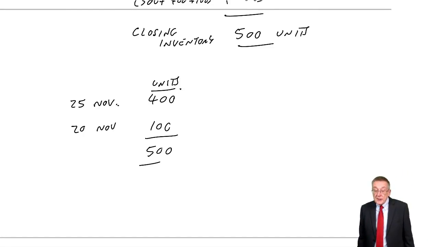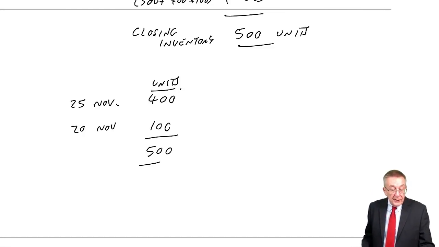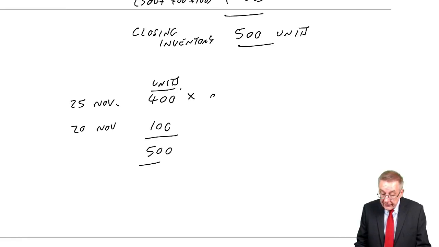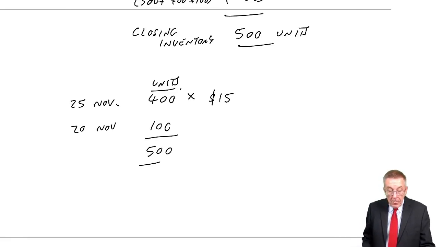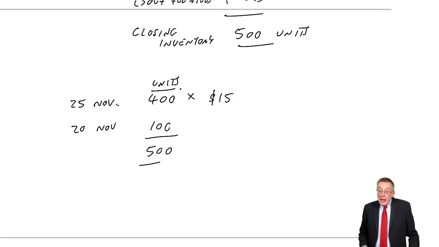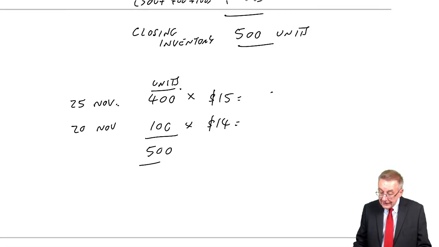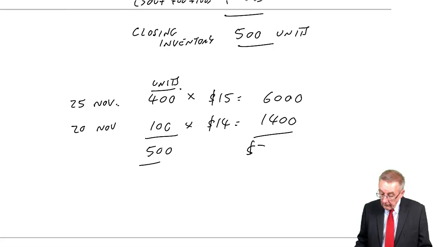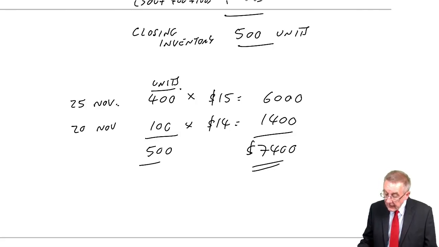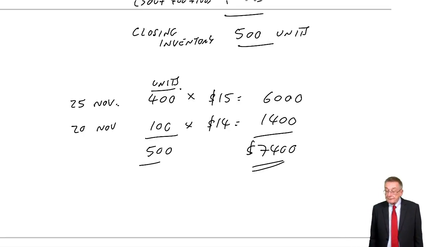And so how much did it cost us? Well, on the 25th of November, those 400 cost us $15. Another 100 must have been bought on the 20th of November, and then they were costing $14. And so the total $7,400.